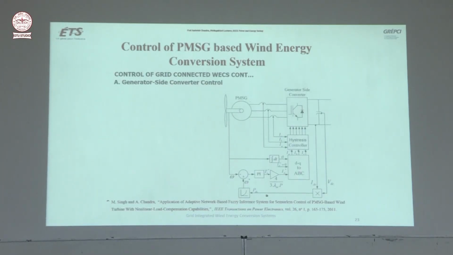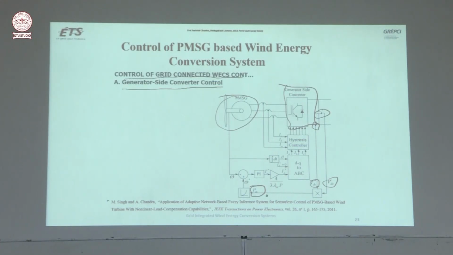Now coming to the control, again the generator side converter. This is the PMSG, and the grid side converter. You measure the DC link voltage and the DC link current, IDC and VDC, and multiply both, which gives you the output power. This is the power coming to the DC link, voltage multiplied by current.